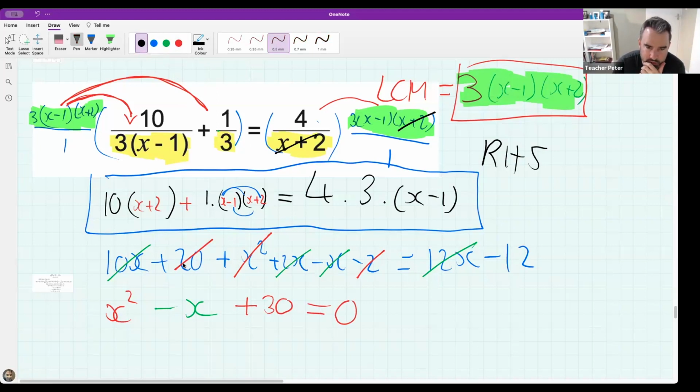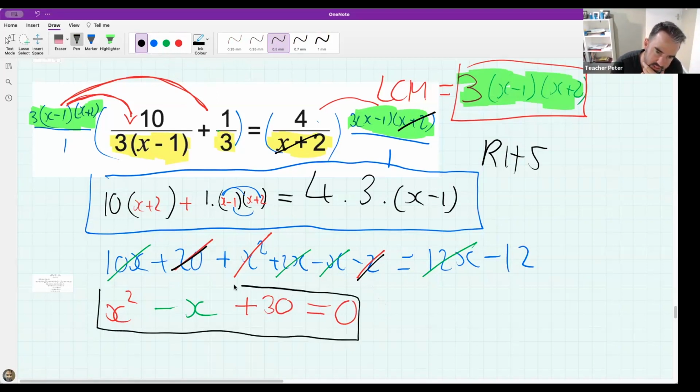So I'm going a little bit quickly now, but I get 18 and then 12 comes across, becomes plus 12. So I get this as my standard form.